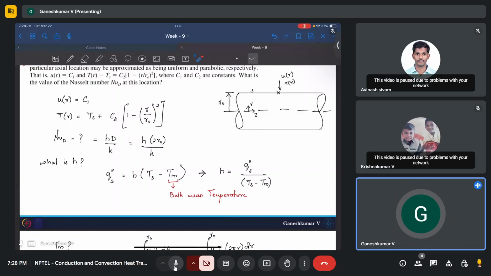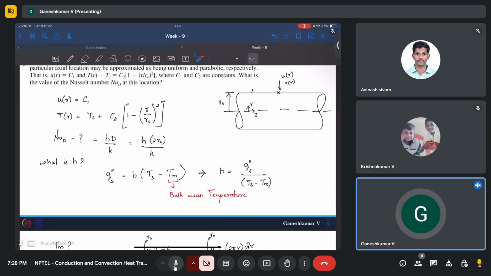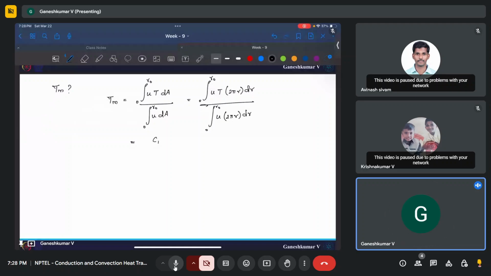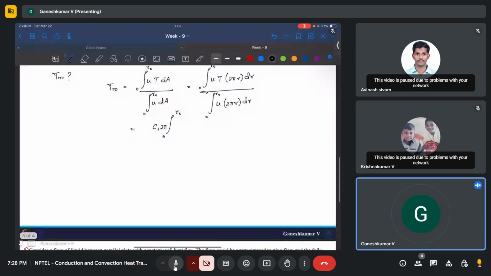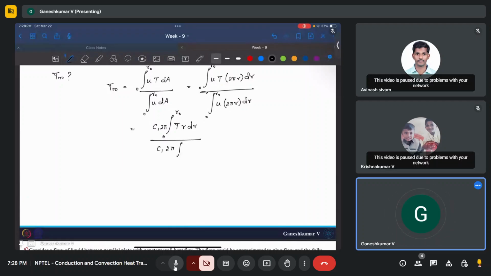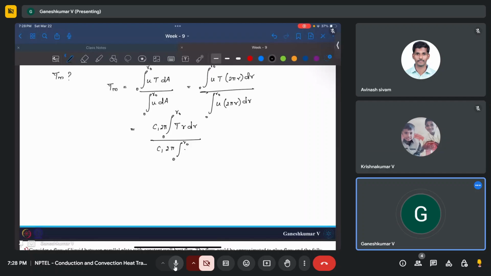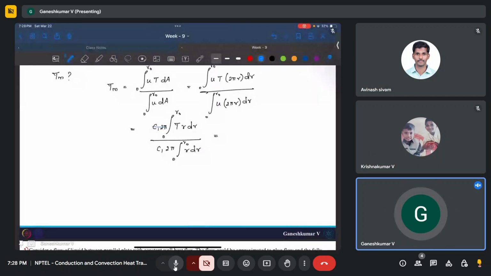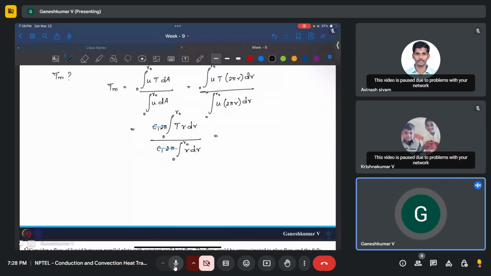So this becomes the integral from 0 to R naught. 2 pi is also a constant, so we can take it out: 2 pi times the integral of T r dr, divided by C1 times 2 pi times the integral from 0 to R naught of r dr. The C1 and 2 pi cancel.